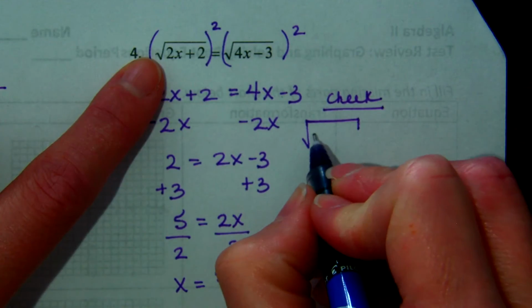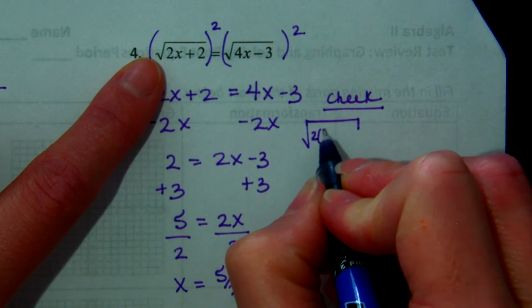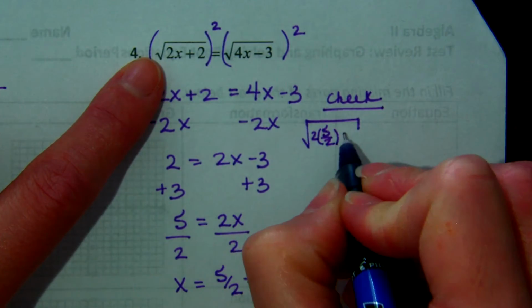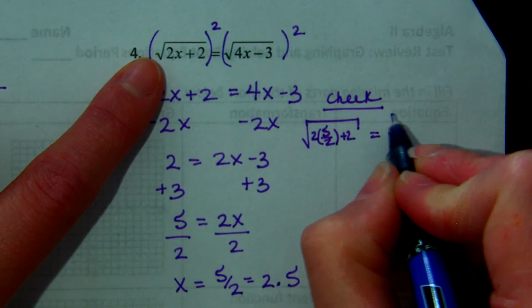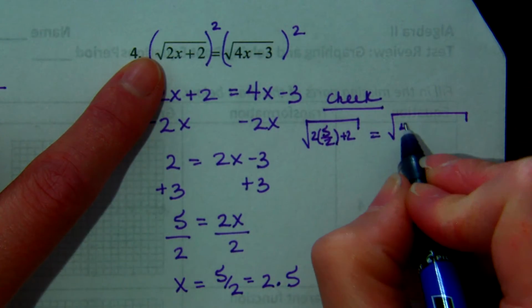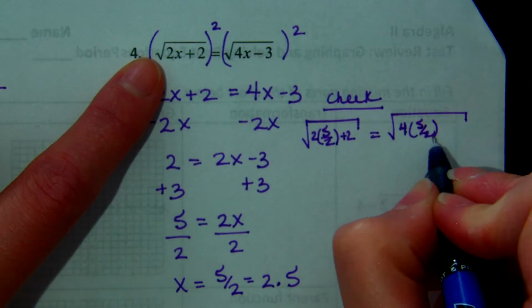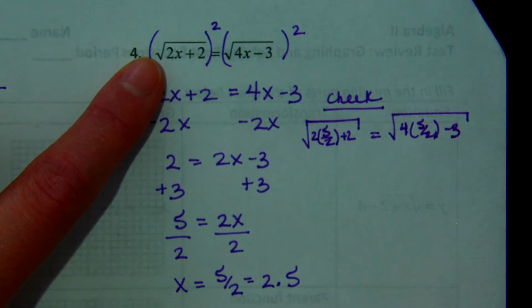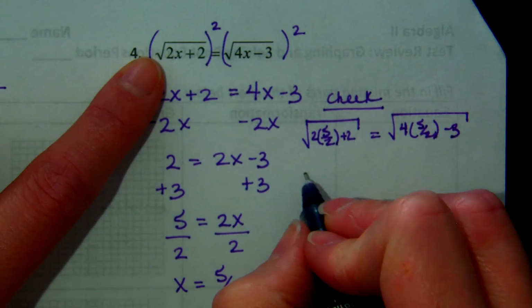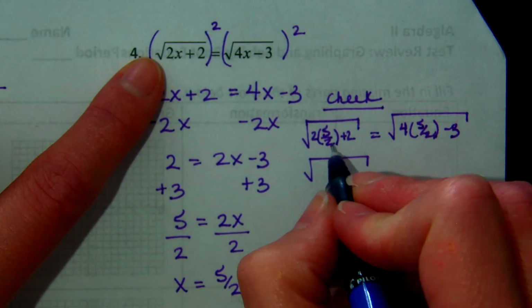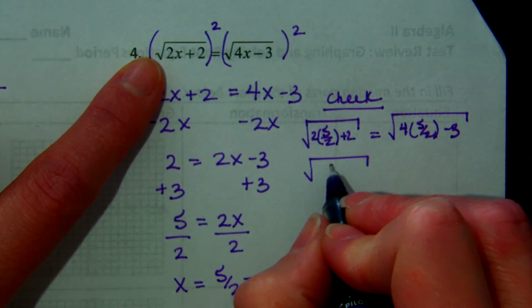So this is the square root of 2 times 5/2 plus 2 is equal to the square root of 4 times 5/2 minus 3. And so 2 times 5/2, 2 times 5 over 2, that's 5.